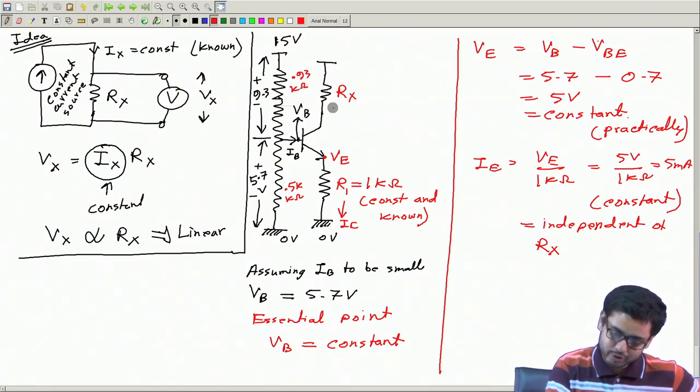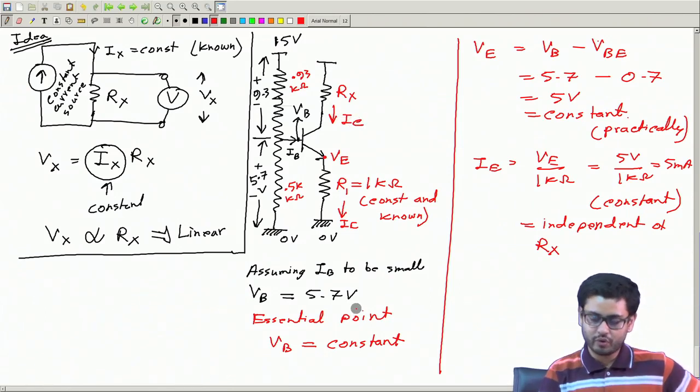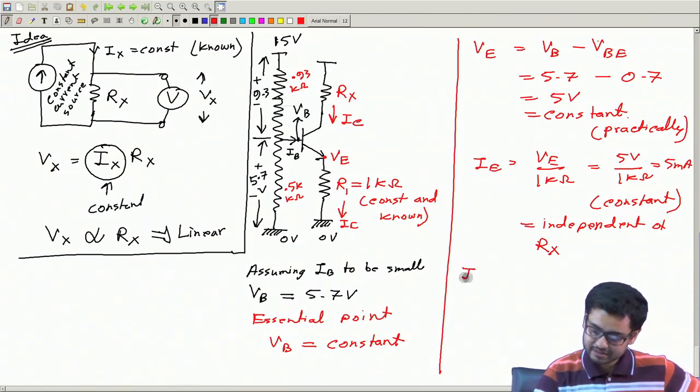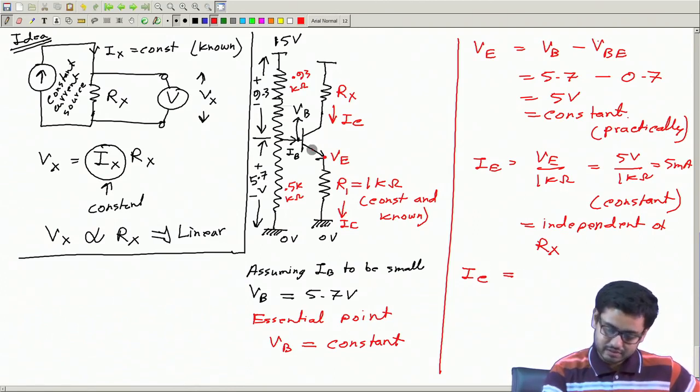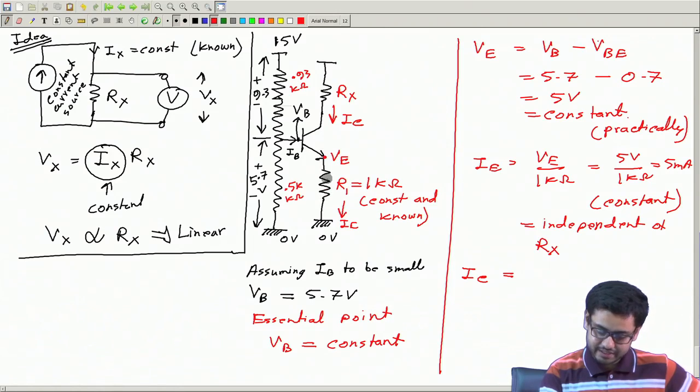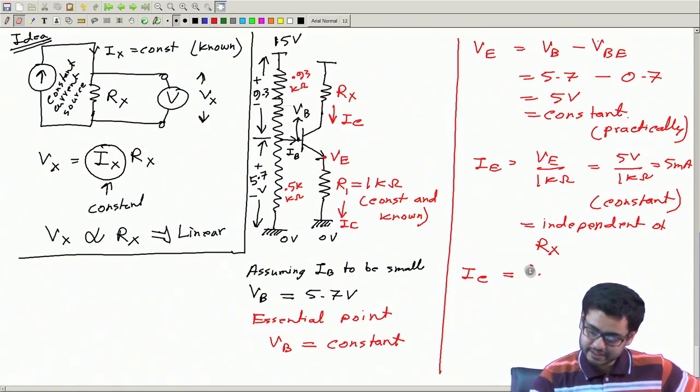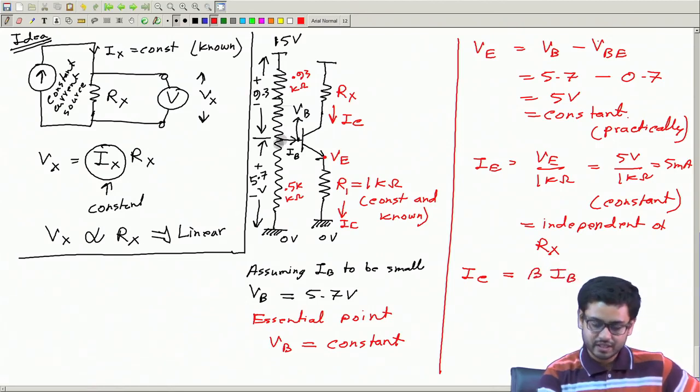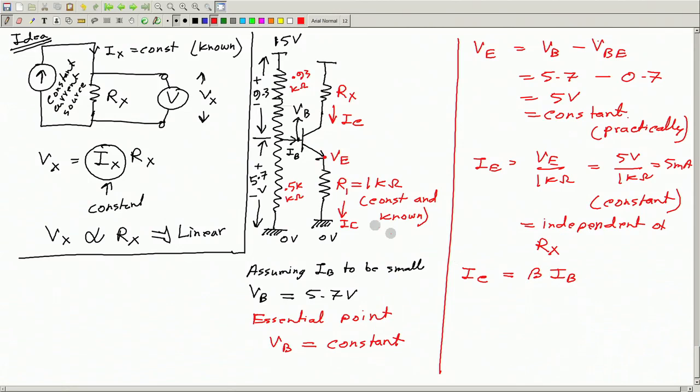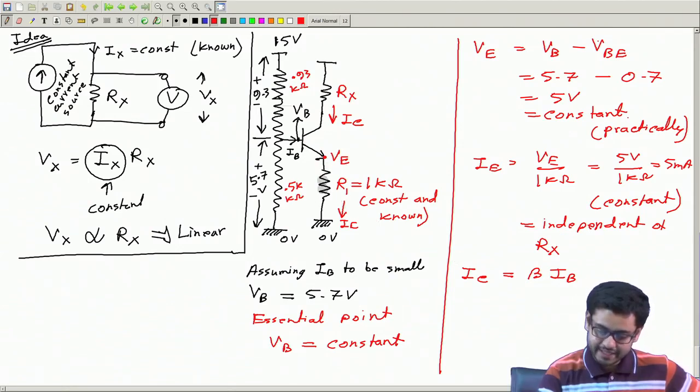Okay. Now how much will be this current? Call it IC. Now IC, I can write this as beta times IB, and we know this IE is 1 plus beta times IB.